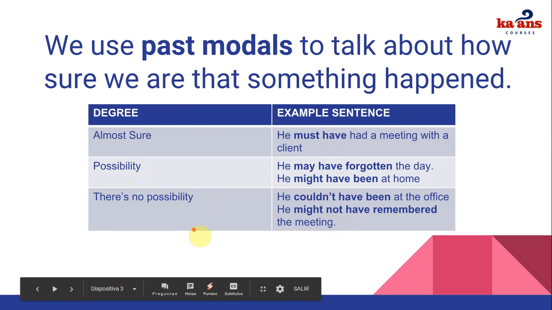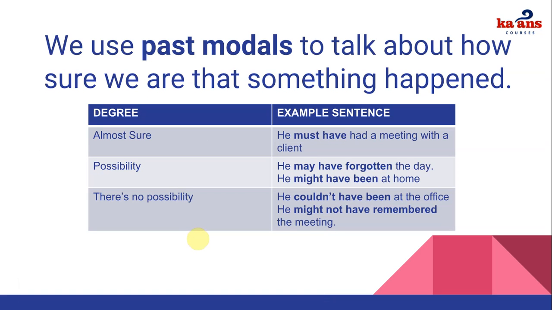So for example, imagine that you made a plan with a friend to go out, yesterday. You went to the mall and you were waiting for your friend and she didn't arrive, she was late, and it was strange, right? Because your friend is never late.